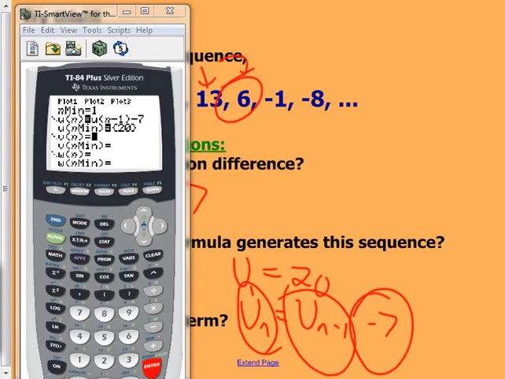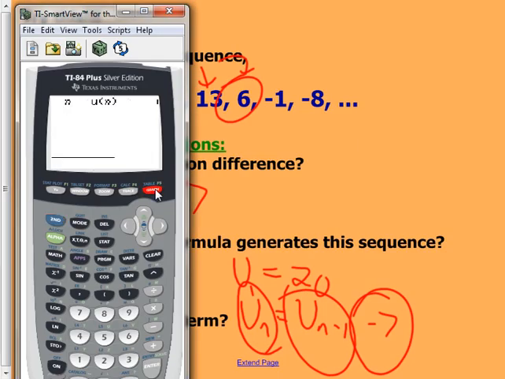Okay, now here's the cool part. To be able to use your calculator to do sequences, you can do it two ways. One is it can make a big table of all the things that go together, like U sub 1 is this, U sub 2 is that, U sub 3 is that, and that's under table. So everybody go with me, hit second, and then table is right above graph. And now there's my table. Now the very first line says error.